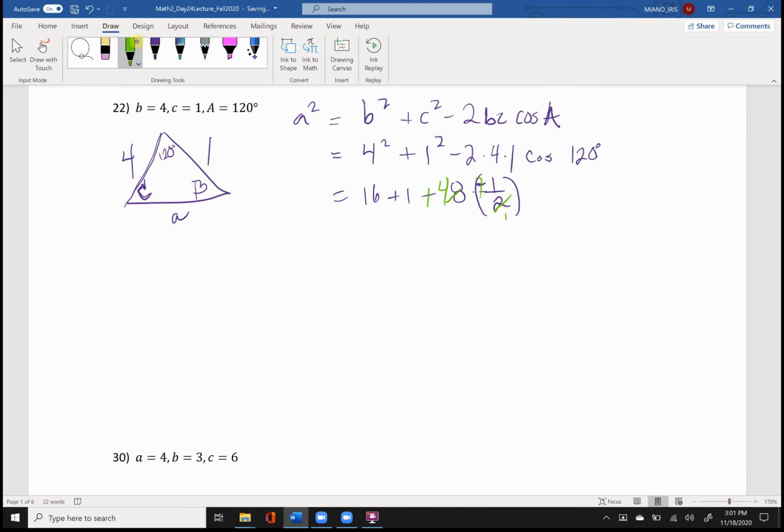So that's 17 plus 4 is 21. But remember, this was equal to a squared the whole time. So it's not that a equals 21. Oops. It's that a squared equals 21. So that a, therefore, equals the square root of 21, which is approximately 4.58.